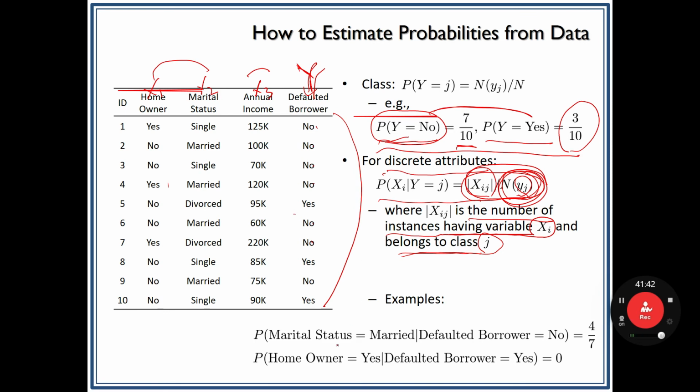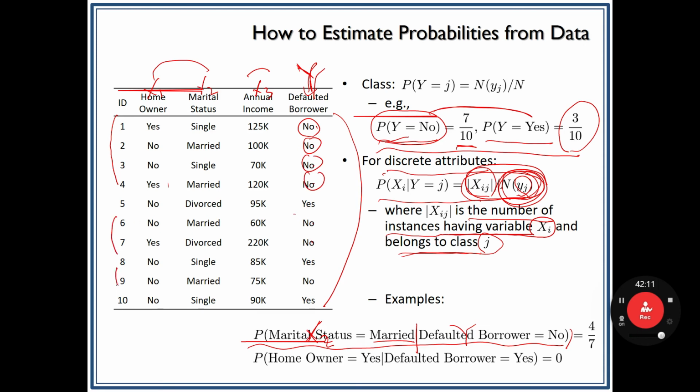So for example, the probability that marital status, which is x2, is married given y is no. To estimate this probability, we just consider the rows having the value no in the y column.